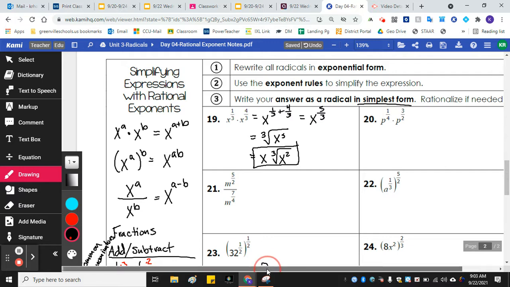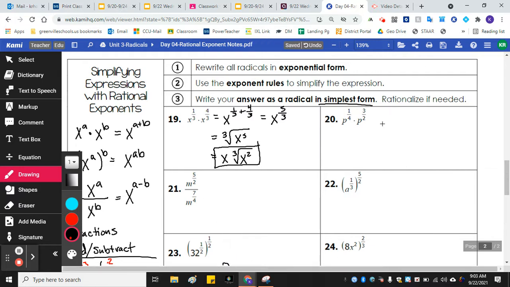All right, same thing on the next one. Add like bases. So this is going to be p to the 1/4 plus 3/2. Common denominators, we can get this to 4, and then I'll have the same denominator as this one. So I'm going to do p to the 1/4 plus, to get that 2 to be a 4, I have to multiply by 2. So I have to multiply by 2 on the top and get 6.